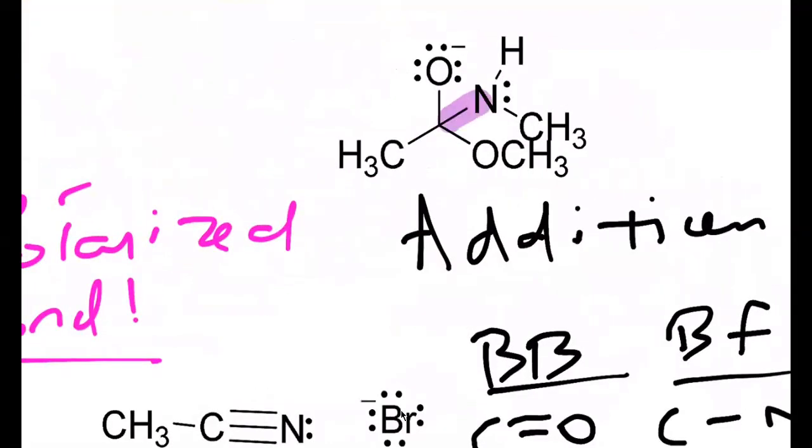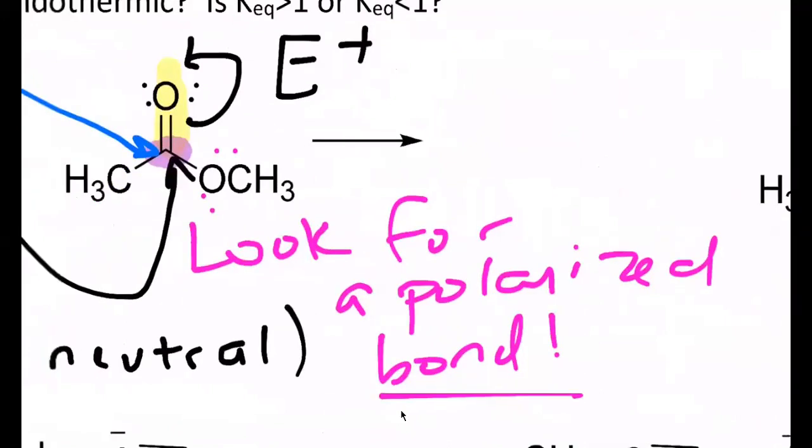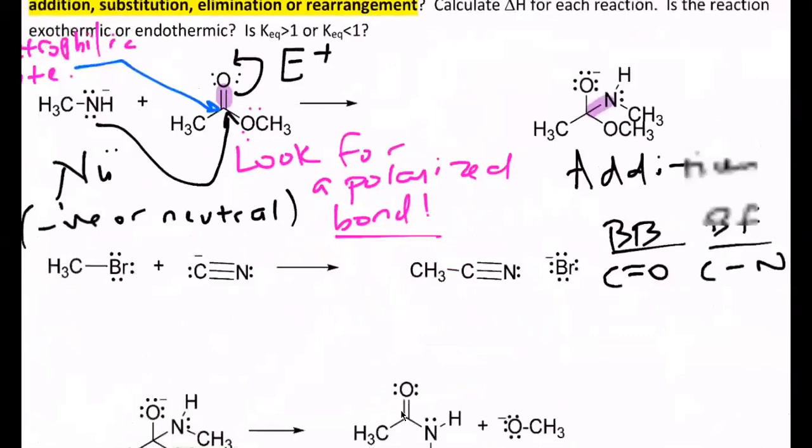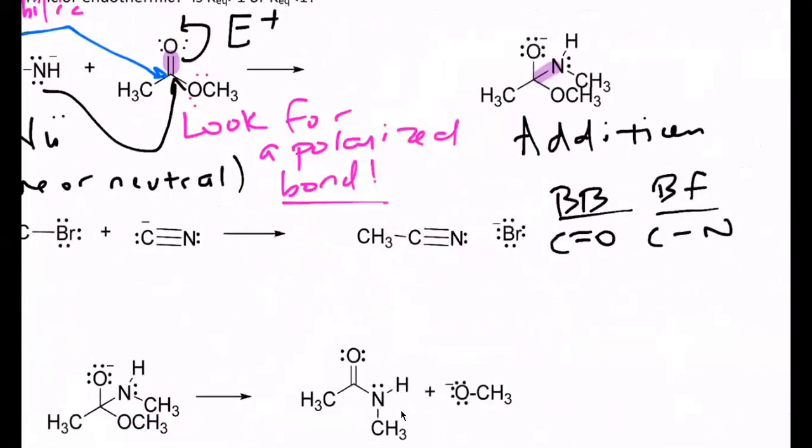It's just this bond right here. And the bond we broke, I've got it highlighted already. It's one of the bonds between carbon and oxygen. We broke the pi bond. We're okay so far?